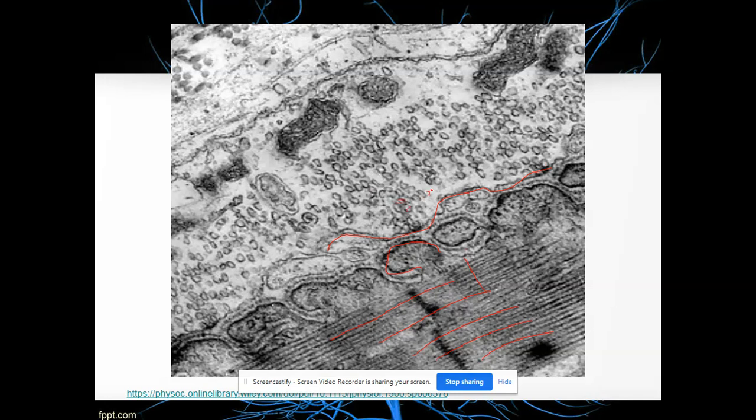Again, lots of vesicles full of neurotransmitters. Here we have mitochondria making all that energy. Here's the other side of the cell membrane of this nerve cell. And then this is some of that Schwann cell, that myelin sheath that's going to wrap all the way around this cell to provide that insulation.